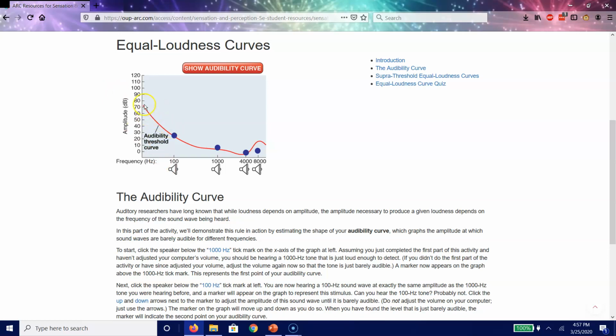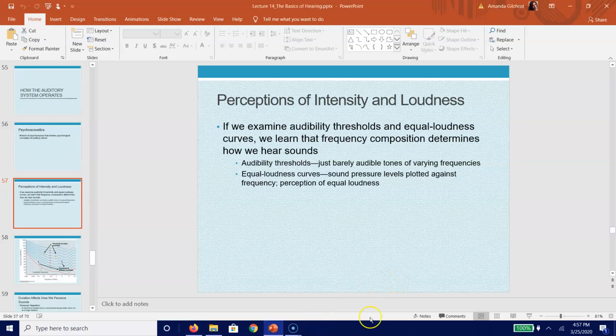But what's interesting is that along this line, these sounds should be perceived as equally loud because our perception of the sound depends on its frequency as well as its amplitude. So this is a fun little thing that you can try.